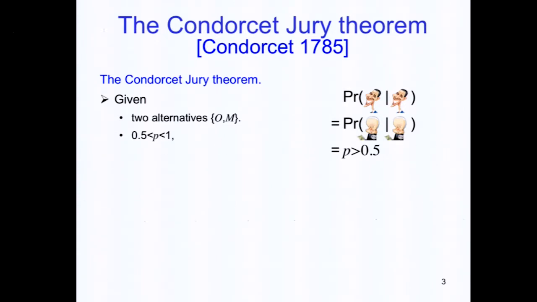So what does it say? It says that, let's say we have two candidates, call them Obama and McCain. By the way, McCain just had a pretty bad disease recently. But anyway, one of them is the better candidate for president of the United States, but every voter is going to vote for just one of them.